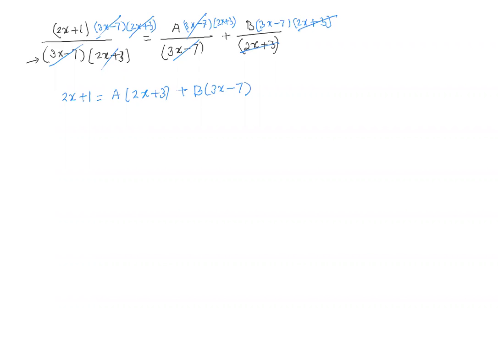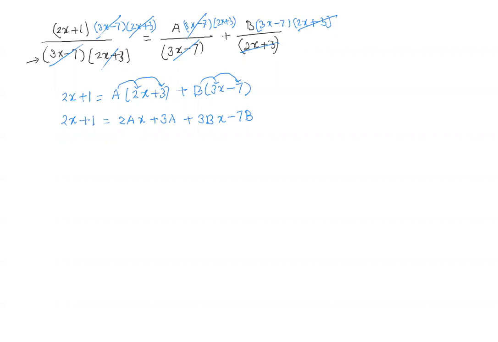Now we just need to simplify it. 2x plus 1 is equal to, using the distributive property, we get 2A times x plus 3A plus 3B times x minus 7B.